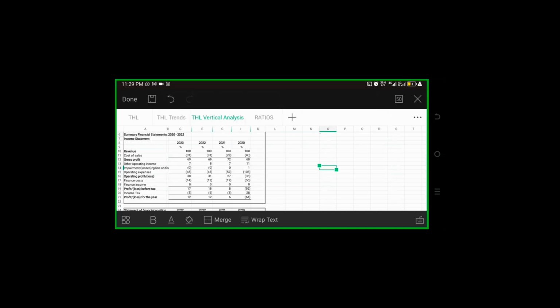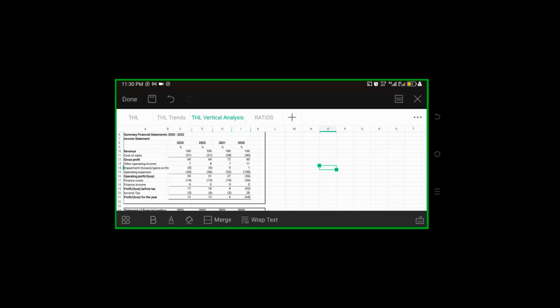Now, in 2021, they were able to manage their direct cost, reducing it from 40% down to 28%. So they must have taken certain steps, maybe cut down on certain direct expenses. That's good management of direct cost, right? So they had 72 naira remaining to cover other expenses.